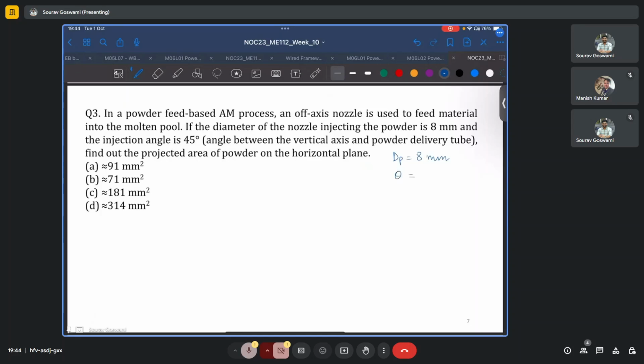Theta is 45 degrees, which is pi by 4. Find out the projected area of powder on the horizontal plane.